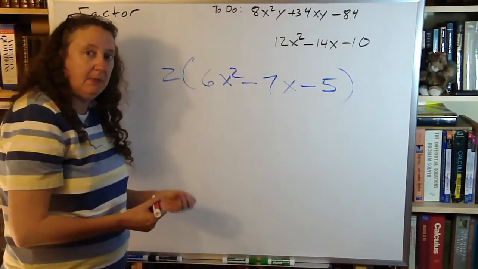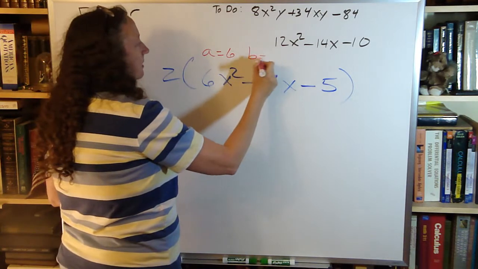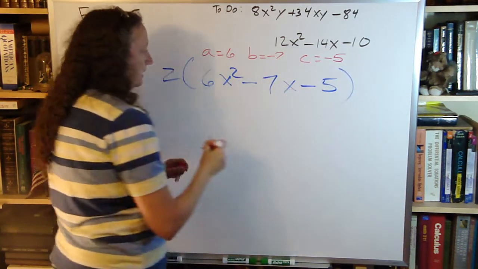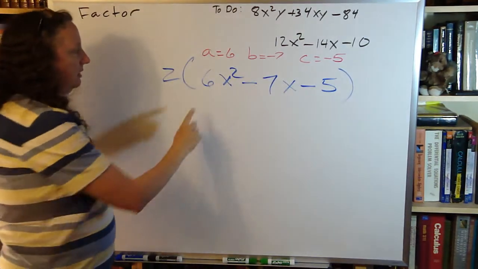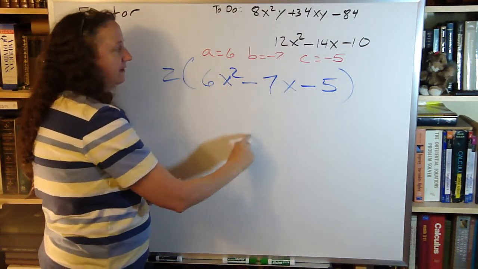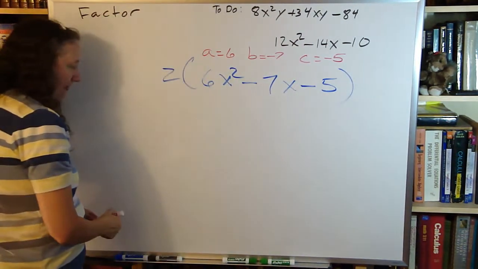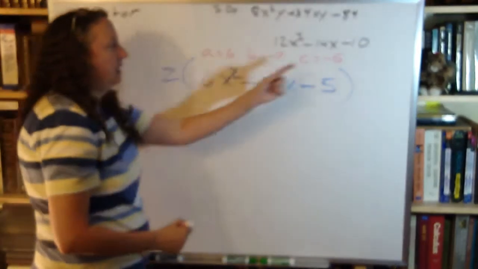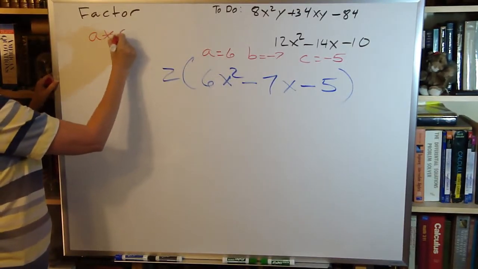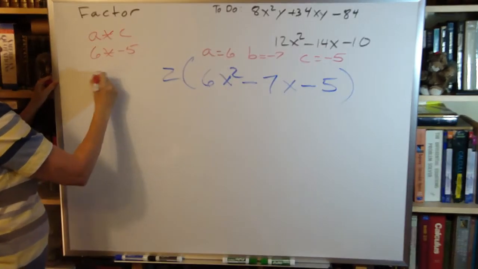Figure out my a, b, and c. It's ax squared plus bx, so b is negative 7, plus c, so c is negative 5. I'm going to take my a times my c. So that's 6 times negative 5, which gives me negative 30.